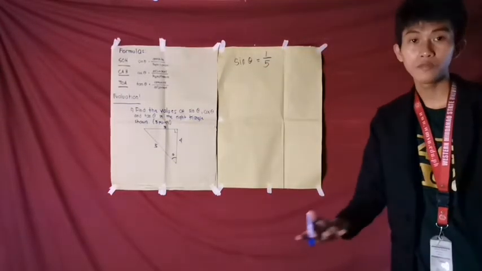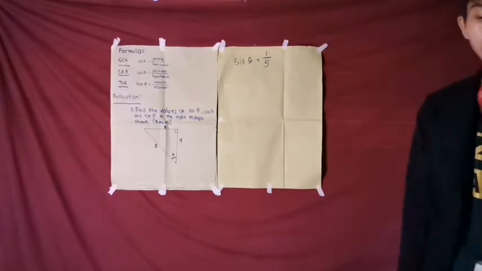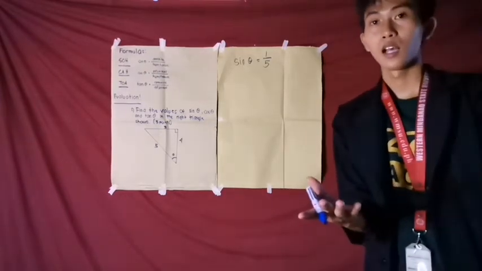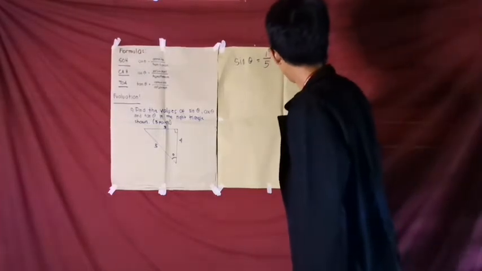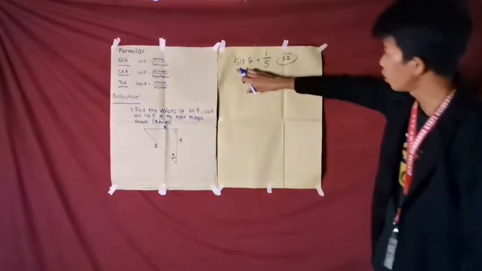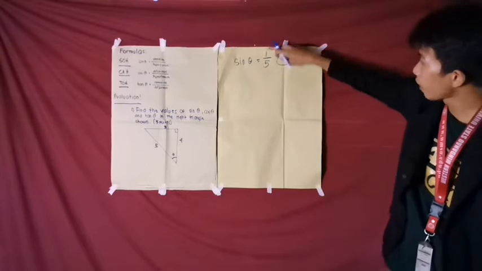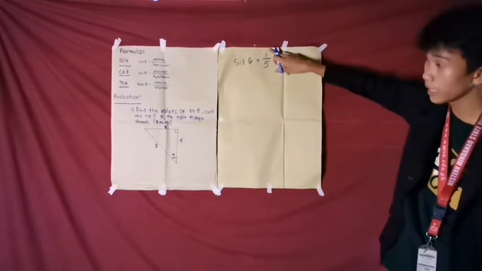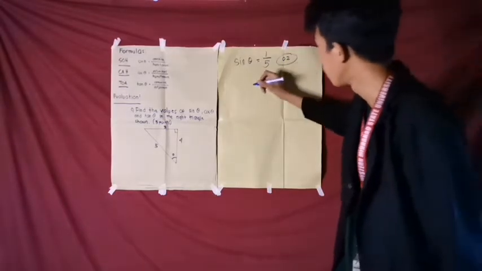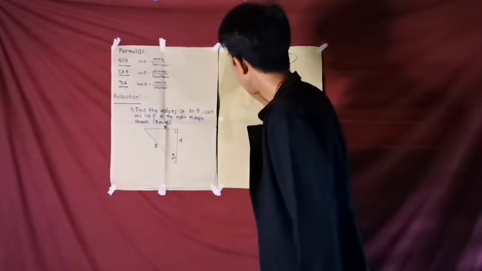Please solve, class. What is it? 0.2? Okay, 0.2. Correct. We just divide 1 by 5. It is a fraction, so 1 divided by 5. The answer is 0.2.